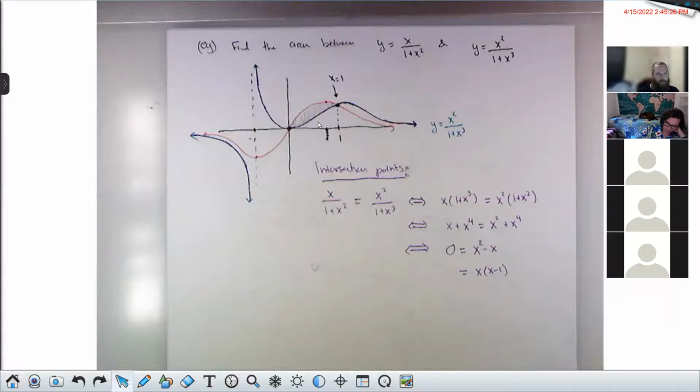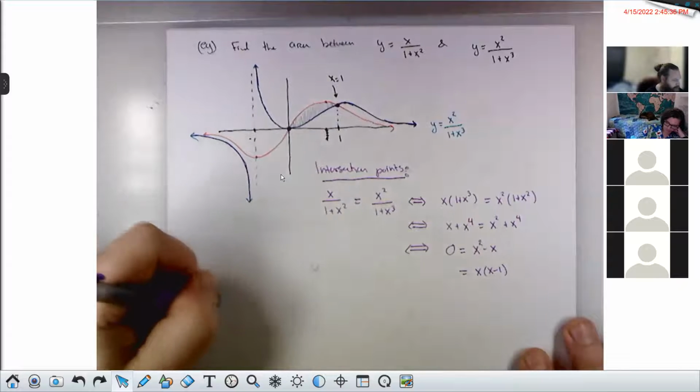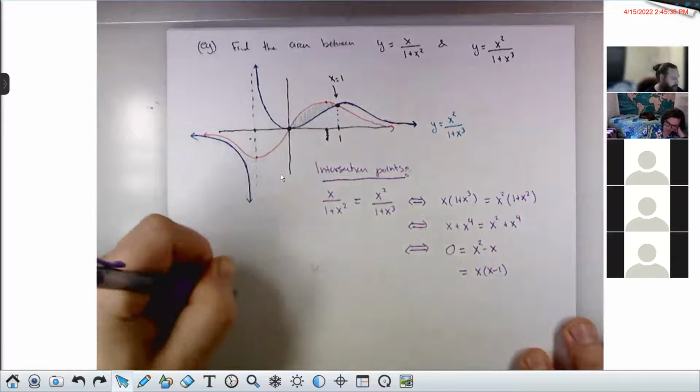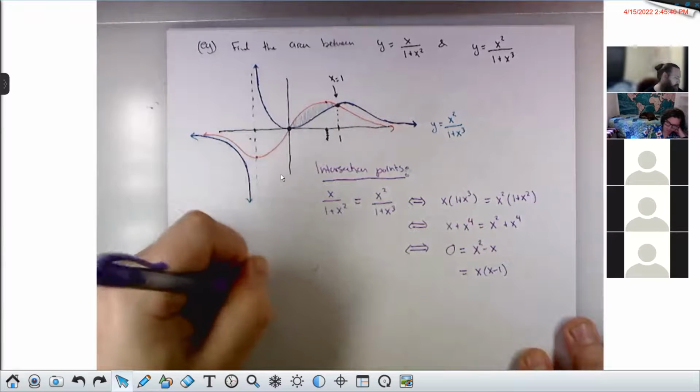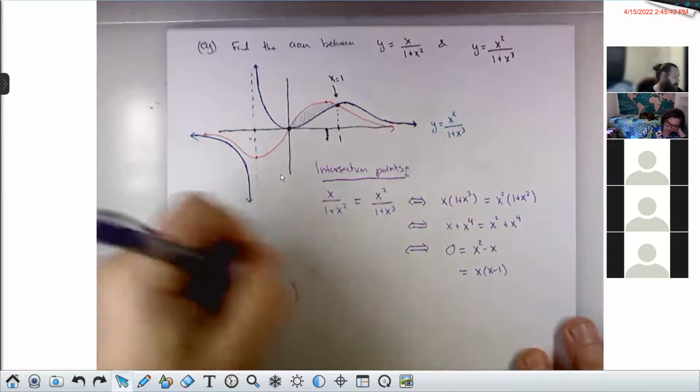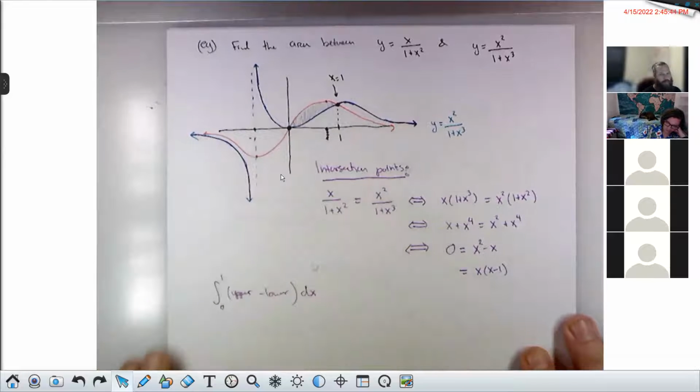So then I'm looking for the area between the red and blue curves from 0 to 1, which means I'll be integrating the upper minus the lower, from 0 to 1.